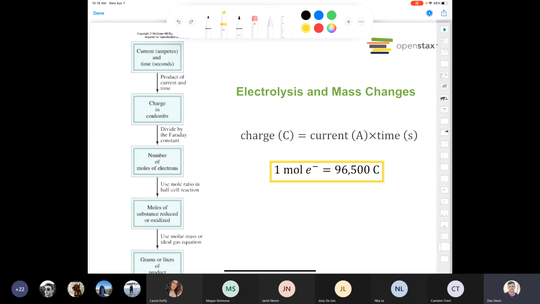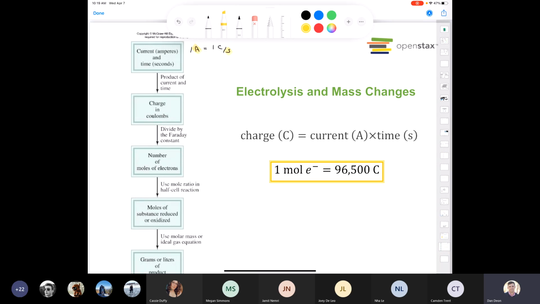But before we do that, you have to know that 1 ampere is equal to 1 coulomb per second. I have it written here, the charge in coulombs is equal to amperes times seconds, but I find it more convenient to think of 1 ampere as being 1 coulomb per second. So we can see the relationship between current and time.